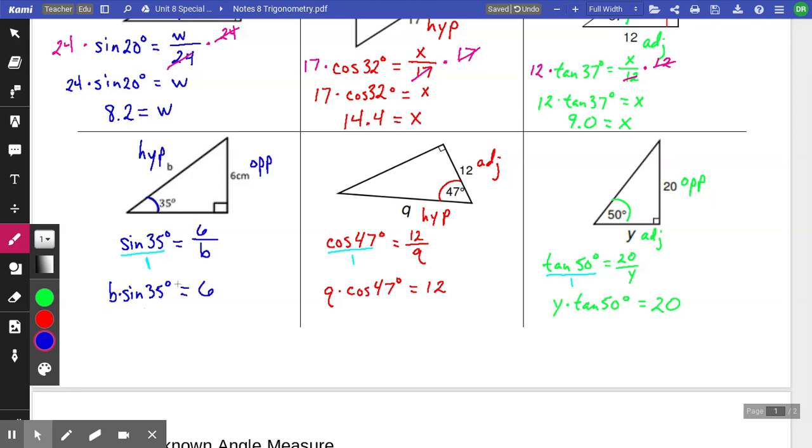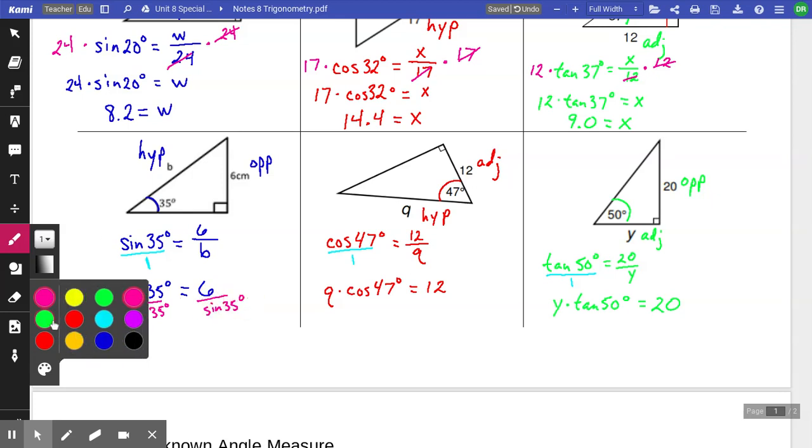So to solve for our variable now, to solve for b, notice it says b times sine of 35 degrees. We just need to divide by sine of 35 degrees on each side. Put that in a different color here. So if we just divide by sine of 35, that's what we need to type into our calculator.